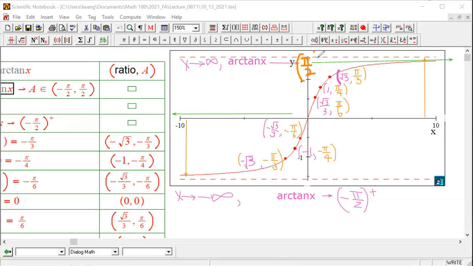From smaller than pi over 2, and the notation is we put a little negative sign on the shoulder. This is I think the most important feature about ArcTangent. And I am 99.9% certain you will encounter this function in calculus.